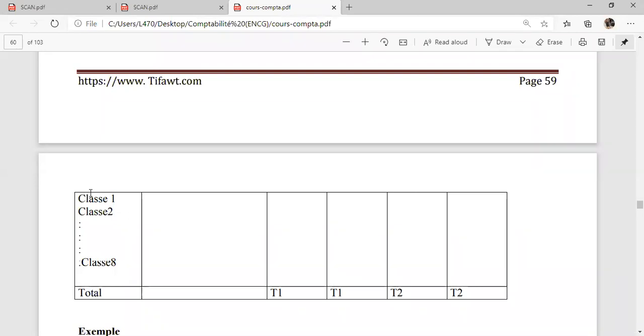Then here we have the classes. The classes also have their own subdivisions. So under class 1, we have class 111, we have class 112. The numbers increase just like that. So they should strictly be in chronological order, meaning a class that comes before should be placed before.